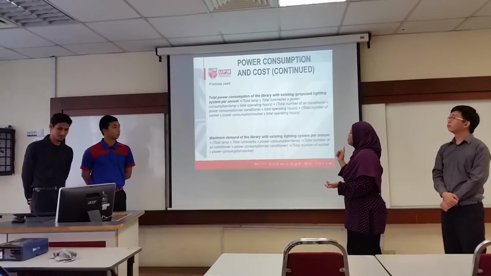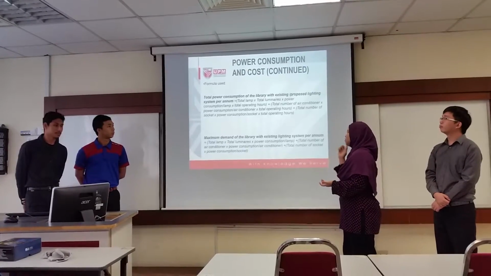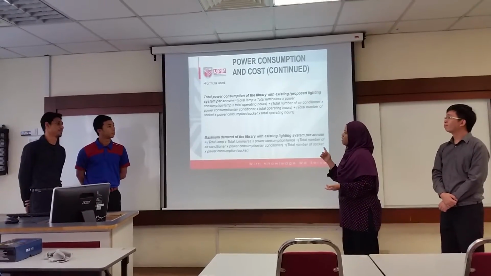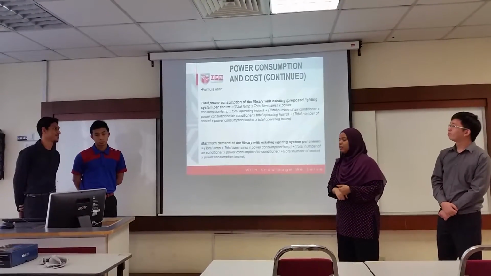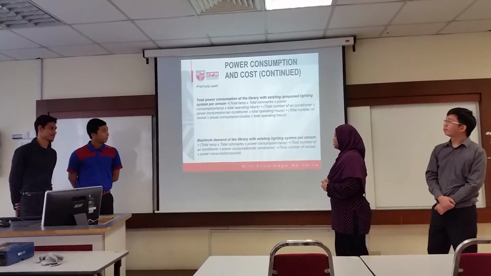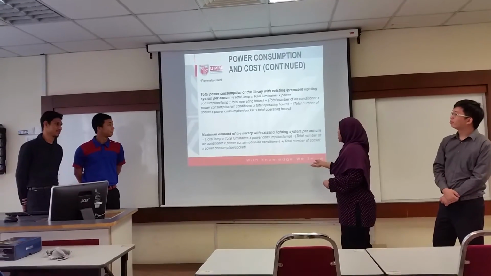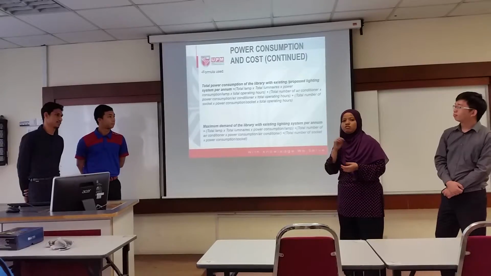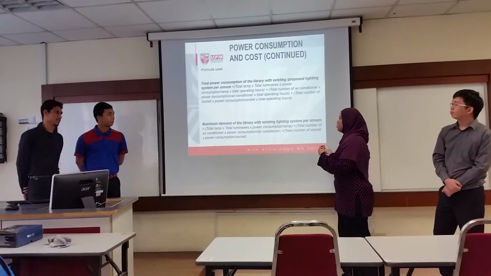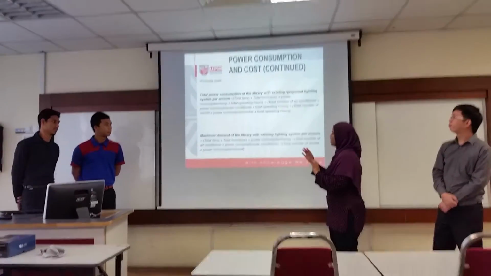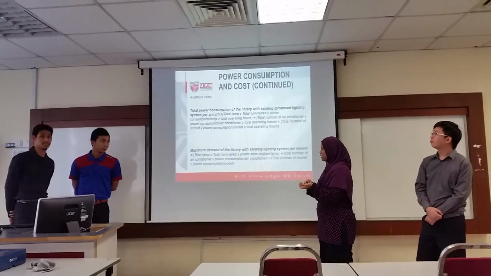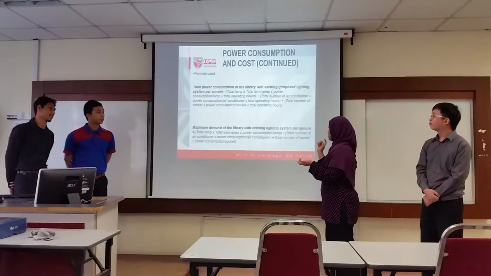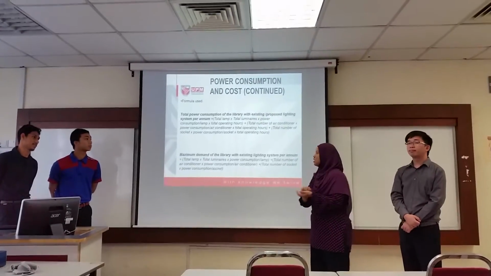And next is the total number of socket times the power consumption per socket times the total operating hour. That one is the socket. For the maximum demand compared to total power consumption, for the total power consumption we need to times with the operating hour. But for maximum demand, it's only the total number of electrical appliances times their power consumption.